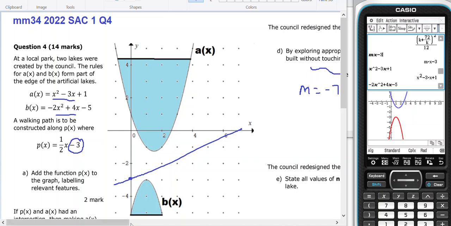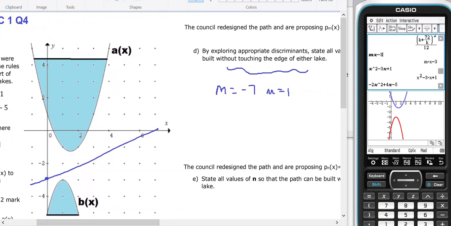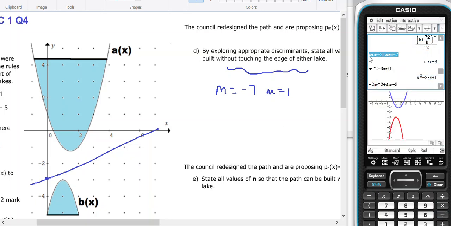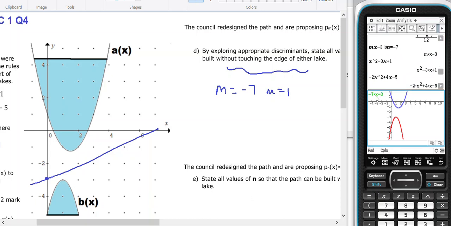So what I'd like to do is to make m given variables, m equals -7. And that's not going to be any good, while it does touch the blue. So how about we talk about m equaling 1?